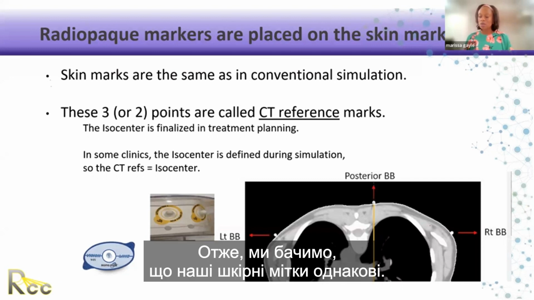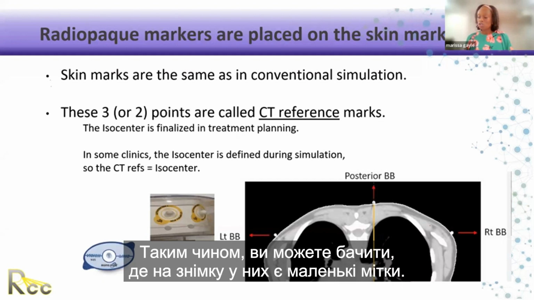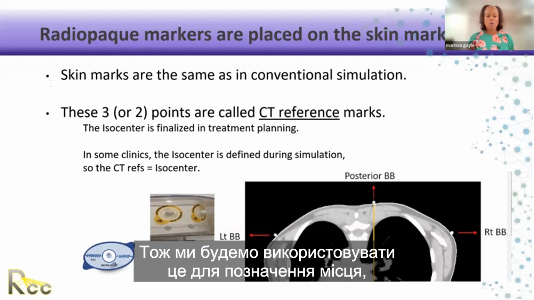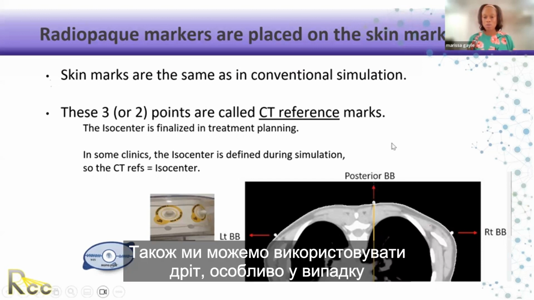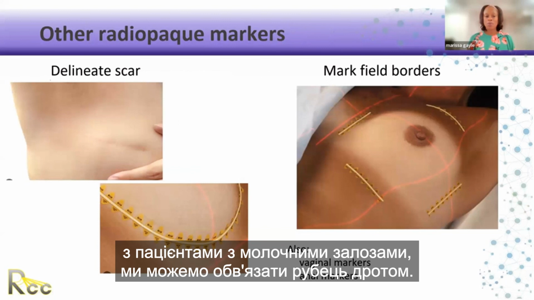So we can see here, we have skin marks, and we have 2 or 3 points called the CT reference marks. You can see here on the scan where they have the little BBs. We will use this to mark where the doctor has placed the ISO center. Also, we can use wire, especially with our breast patients; we may wire the scar.